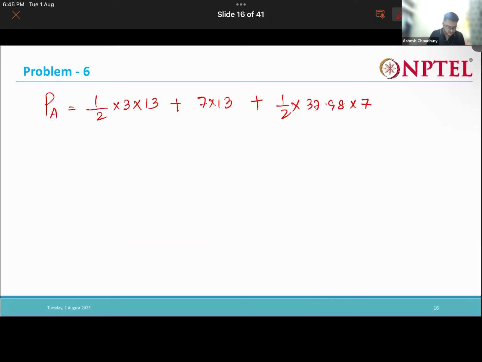All right. So if we add all these, we get 243.3. So this is our resultant total active thrust that is acting.